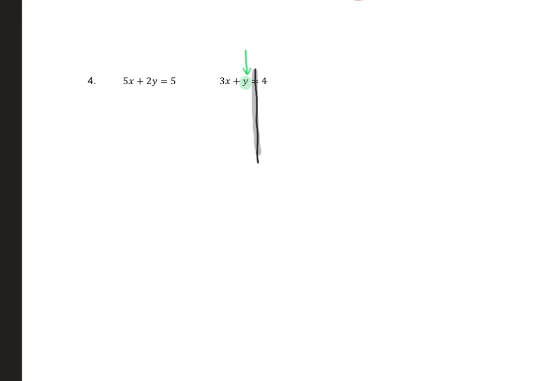So I want to subtract the 3x from both sides. We don't have to really worry about turning it into y equals mx plus b, putting it in slope-intercept form. We really just have to worry about getting the y by itself. So we can leave the right side as 4 minus 3x, and we're done.